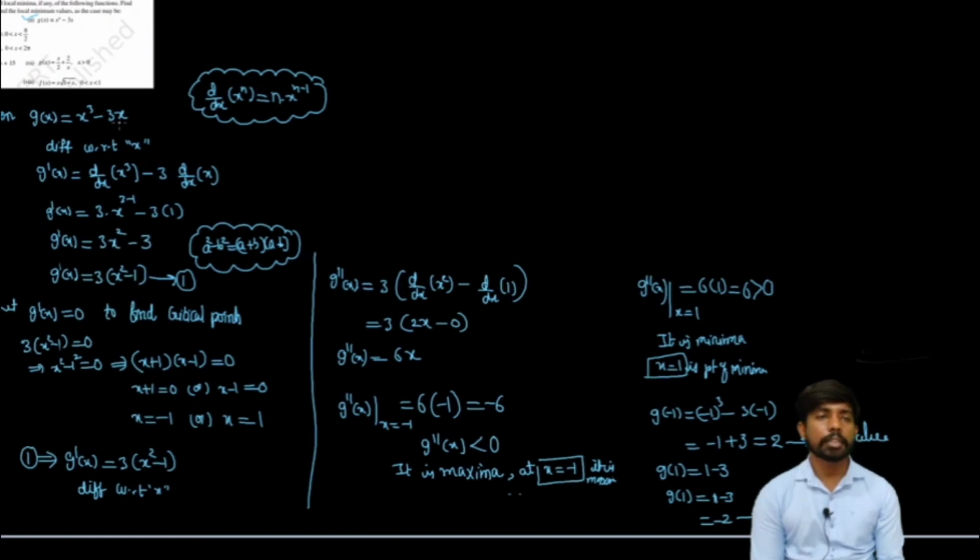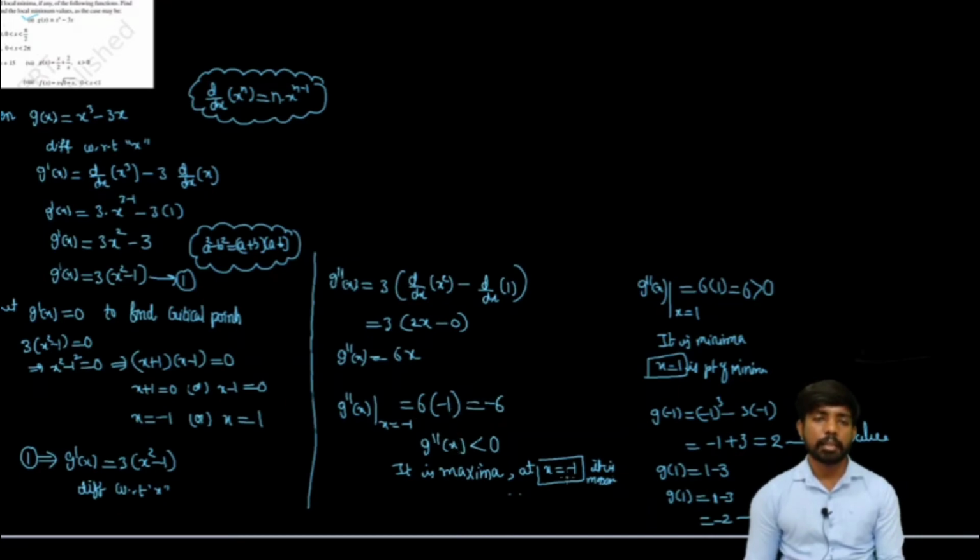First step is the given function. We differentiate the function and make it equal to 0, finding the critical points. We got critical points minus 1 and plus 1. Then we substituted them in the double differentiation. Double differentiation comes out negative, which means maxima, at x is equal to minus 1.